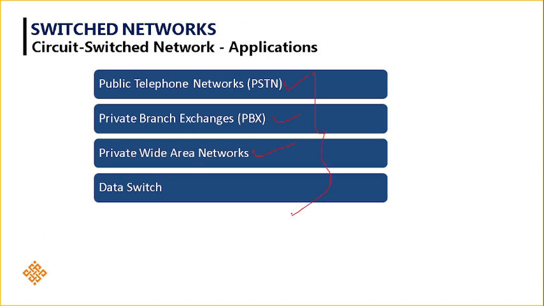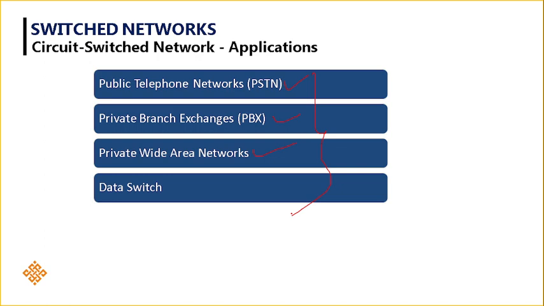So the overall conclusion is that in circuit switching, there is no addressing mechanism. Before transmitting the data, a connection needs to be established. There are three phases as I told: connection establishment, then data transmission, and lastly the connection breakdown or closing the connection.